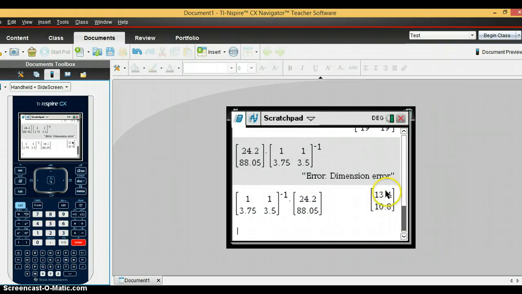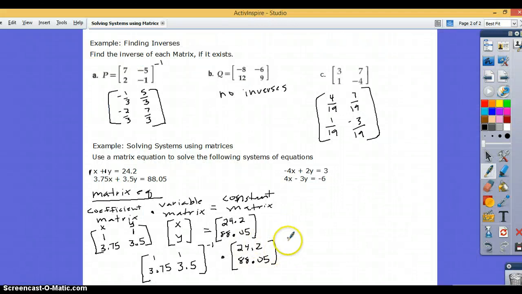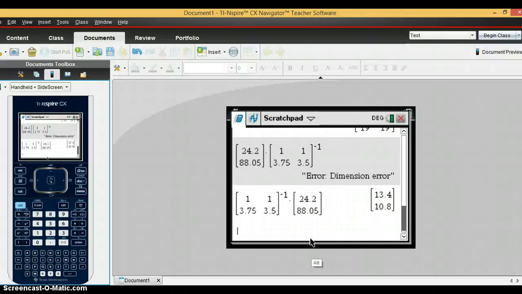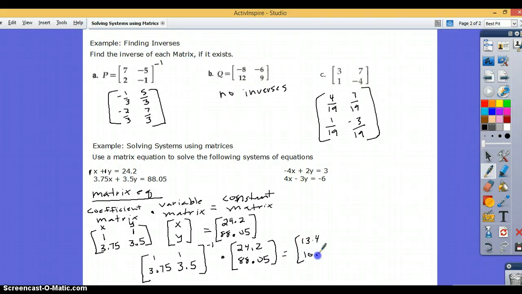And when we do that, we get our answer of 13.4 and 10.8. So the answer to this is 13.4 and 10.8.